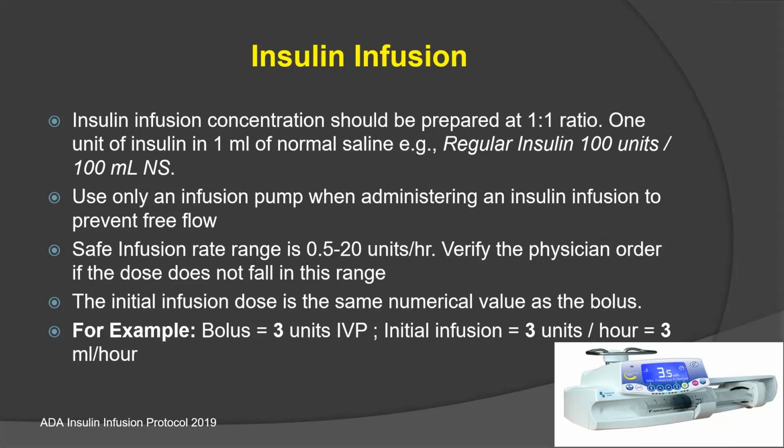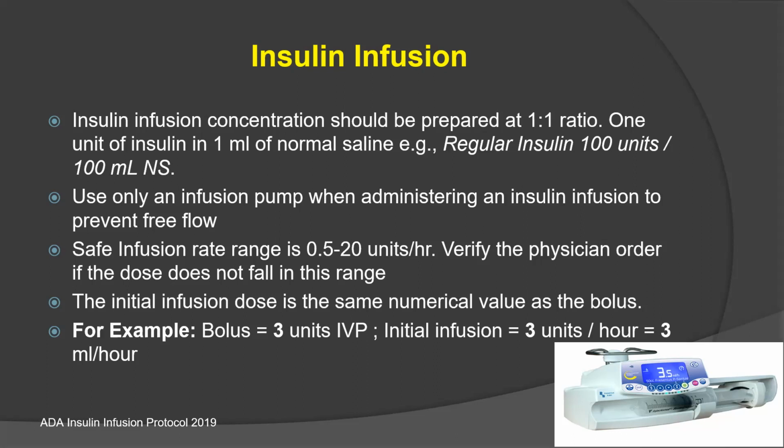When you use drips with dial flows, there's a chance that rapid flow will take place and the patient can suddenly develop hypoglycemia. And they're not very easy and are more technical to manage. Advanced technology should be utilized and pumps should be used.